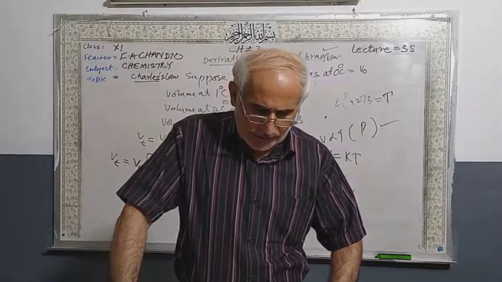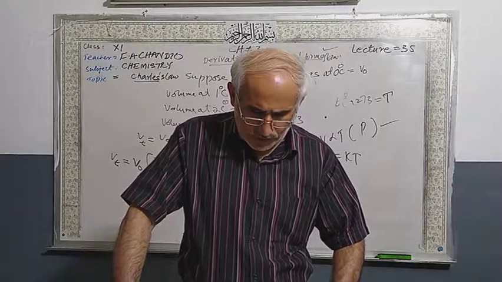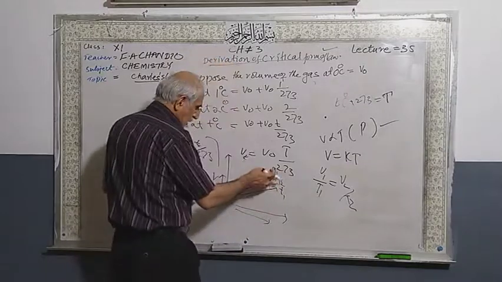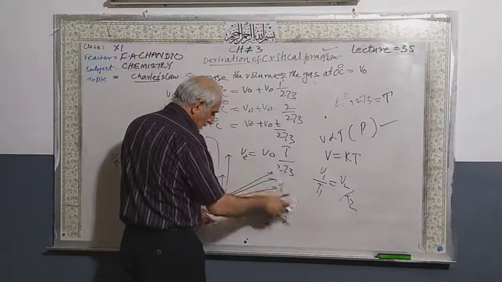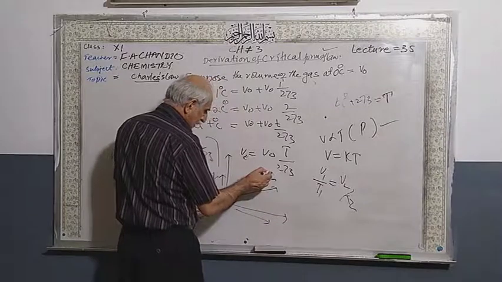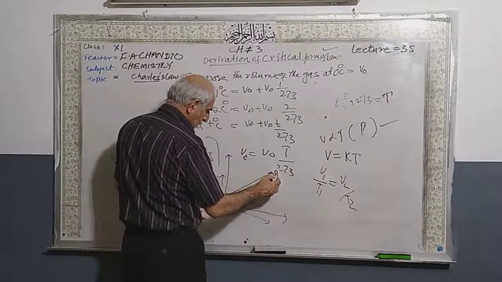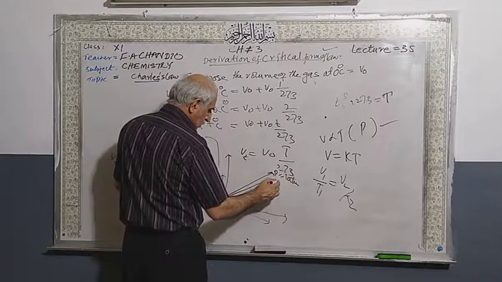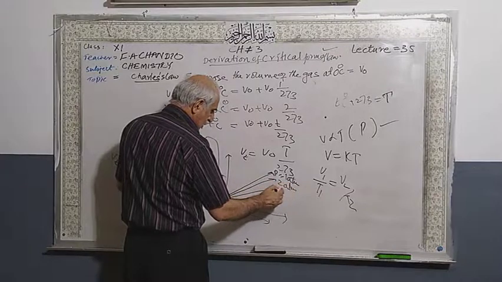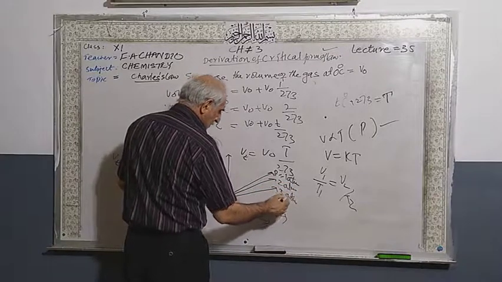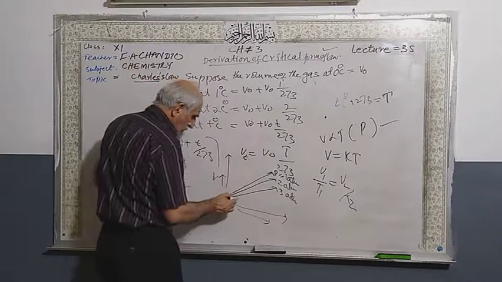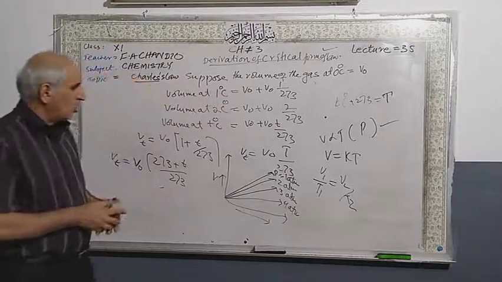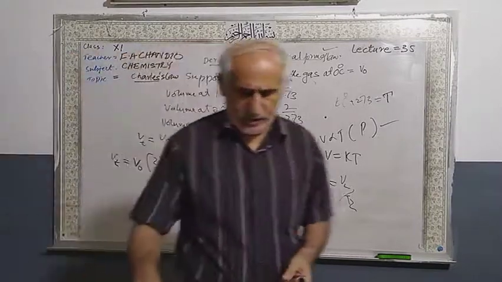So at 1 atmosphere, 2 atmosphere, 3 atmosphere, 4 atmosphere, the line is going to move towards the temperature axis as the pressure increases.